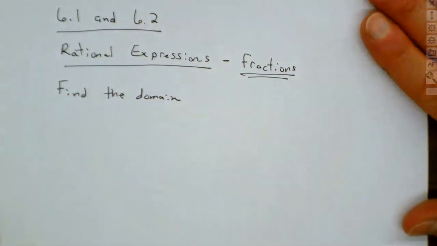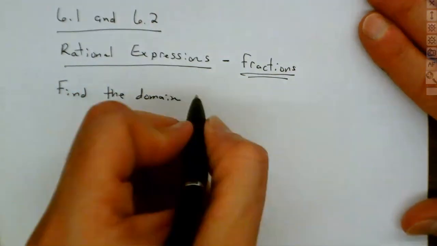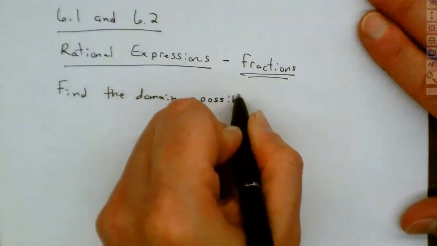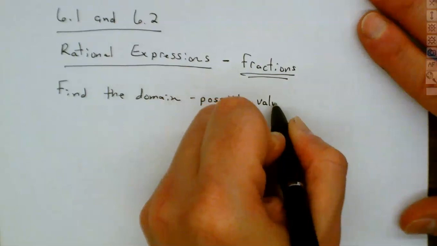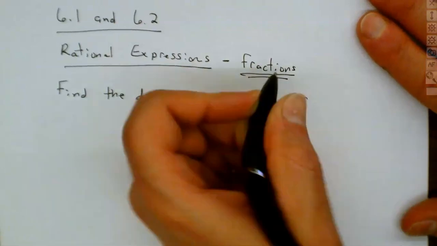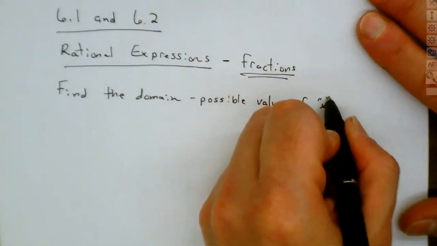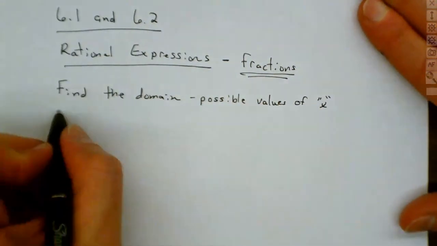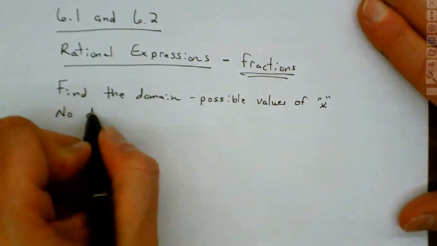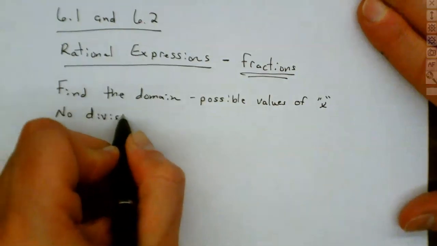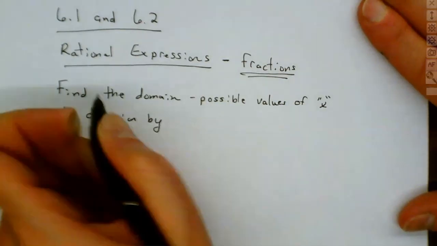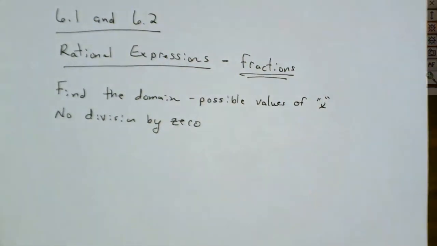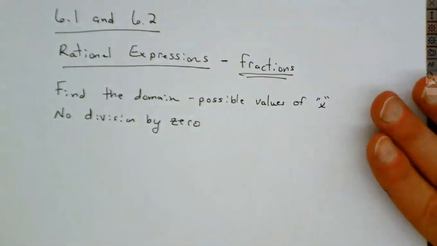And when we find the domain, that means we find the possible values of the variable x. And that means no division by 0, because we cannot take a number and divide it by 0.